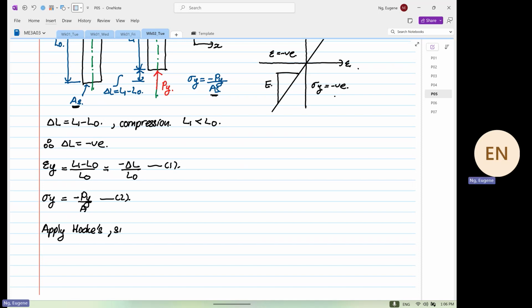And we're going to substitute, or not apply, we're going to substitute equations 1 and 2 into Hooke's law. Hooke's law states that stress Y is equal to Young's modulus multiplied by epsilon Y, where E is our Young's modulus.